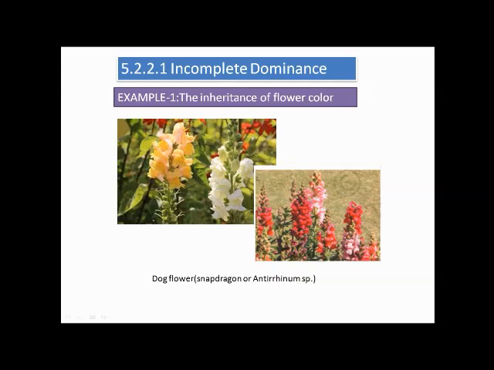So what is this? The example I am showing here is of a dog flower, that is snapdragon. Here two plants with different flower colors were taken, the red flowered plant and the white flowered plant in the parent generation.